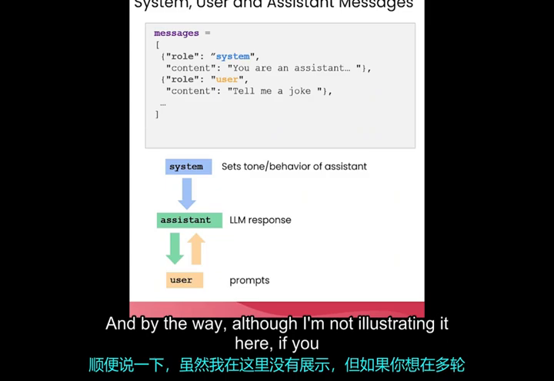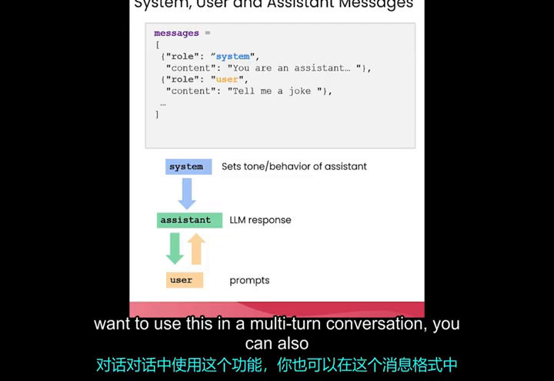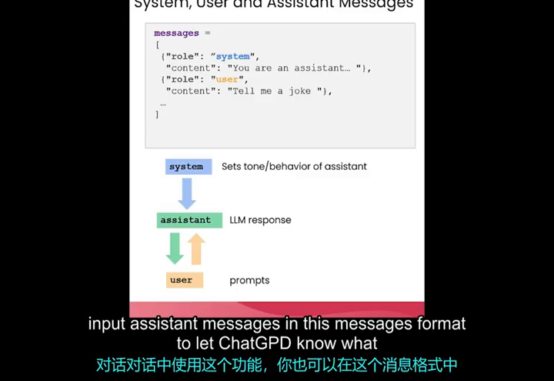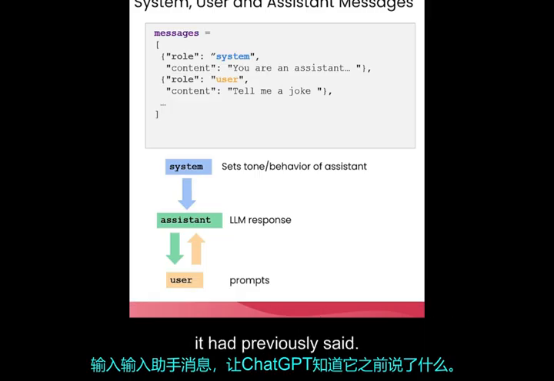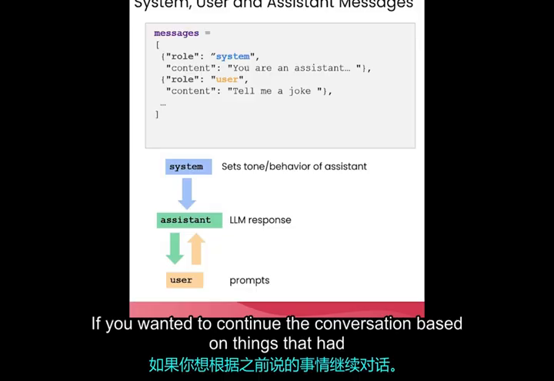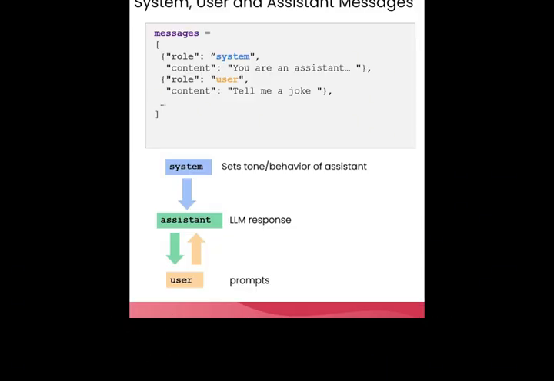And by the way, although I'm not illustrating it here, if you want to use this in a multi-turn conversation, you can also input assistant messages in this messages format to let ChatGPT know what it had previously said if you wanted to continue the conversation based on things it had previously said as well.